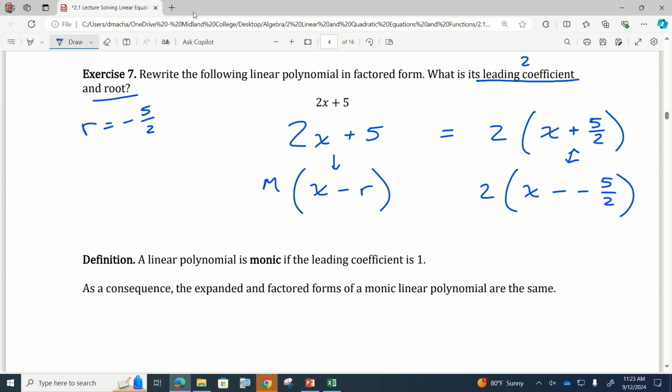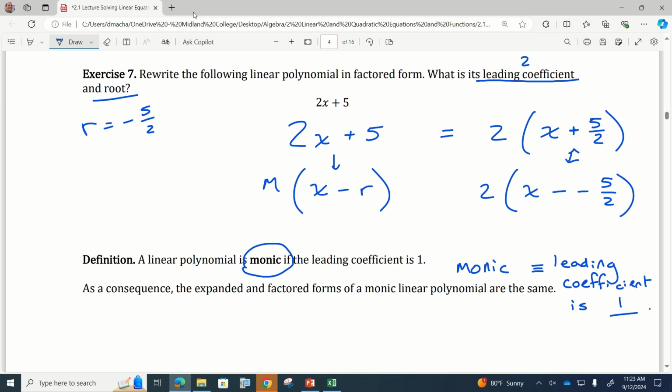There's a new vocabulary word coming up. We say a linear polynomial is monic if the leading coefficient is the number positive 1. Not negative 1, but specifically positive 1.